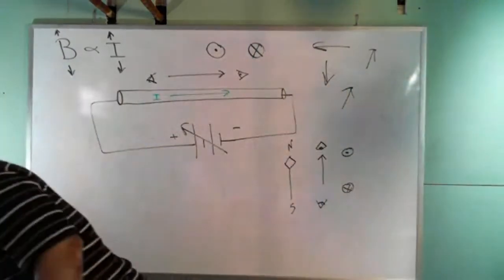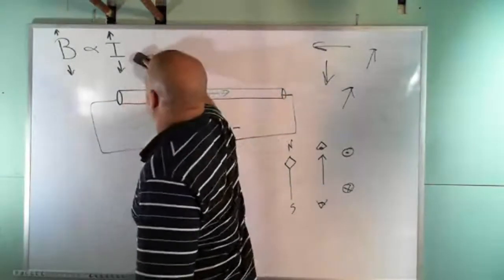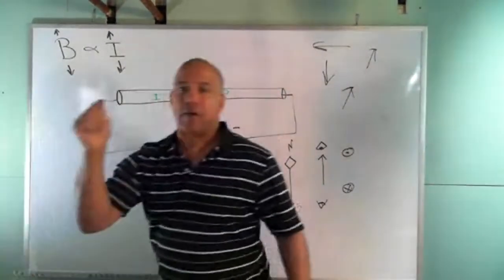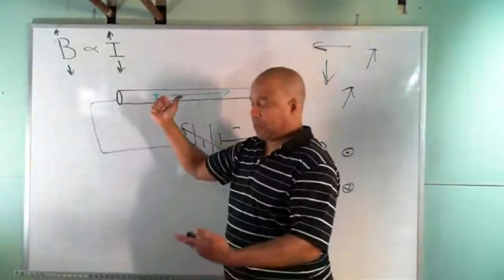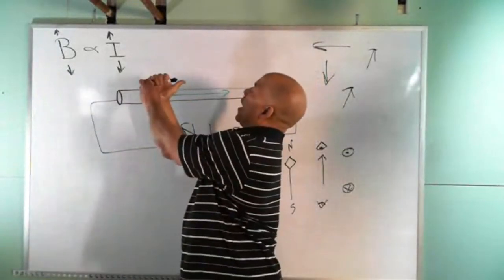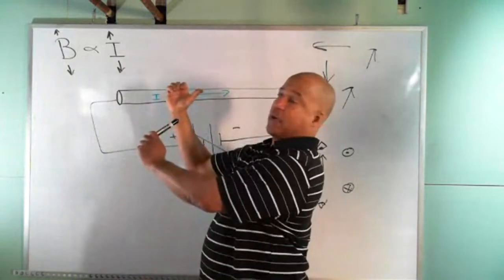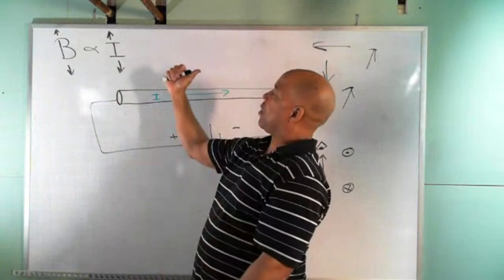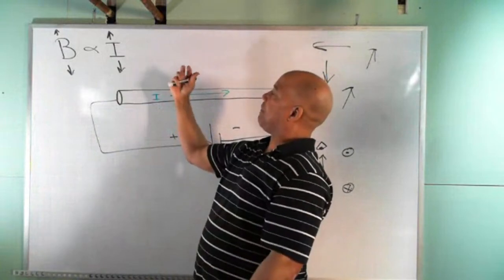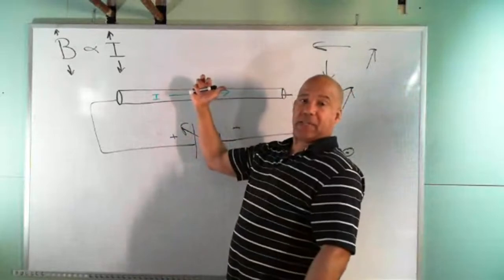So what you do to find what the flux field looks like around this straight conductor, you take your right hand, your thumb goes in the direction of conventional current flow, and you wrap your fingers around the conductor like that. And your thumb is always pointing in the direction of current flow. If you curl your fingers around, you'll see that my fingertips, which represent the tip of the arrow, are at the top of the conductor.